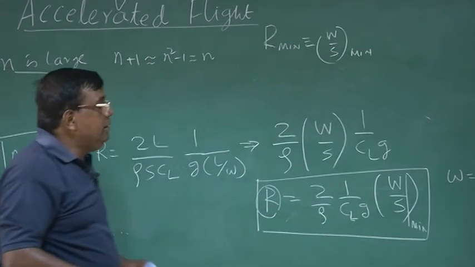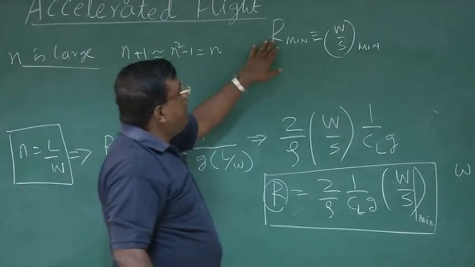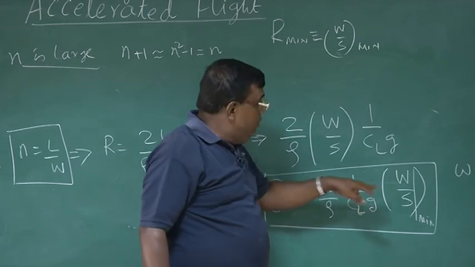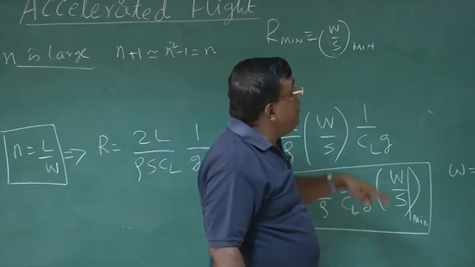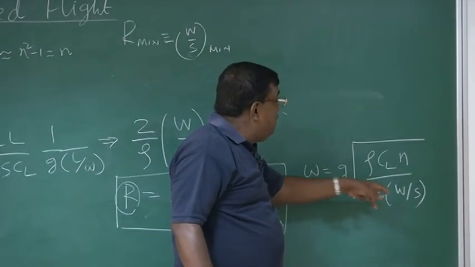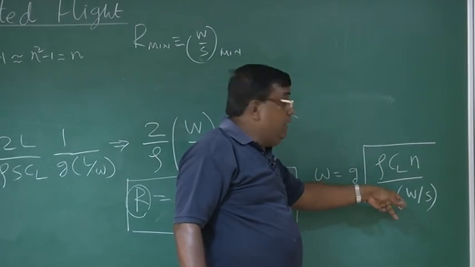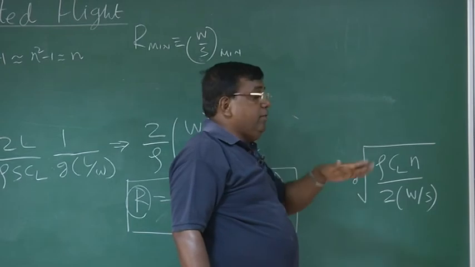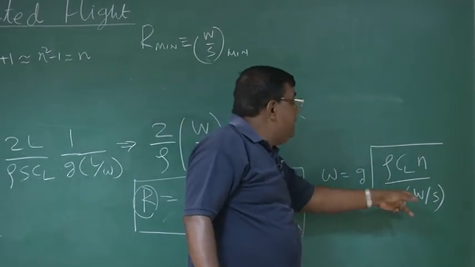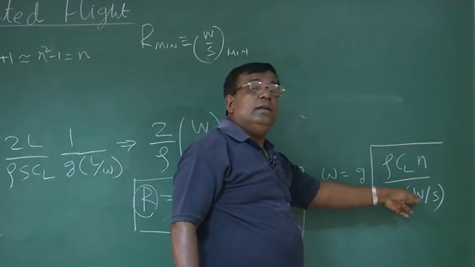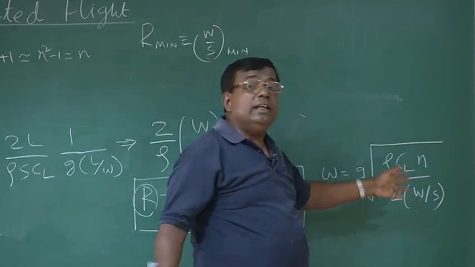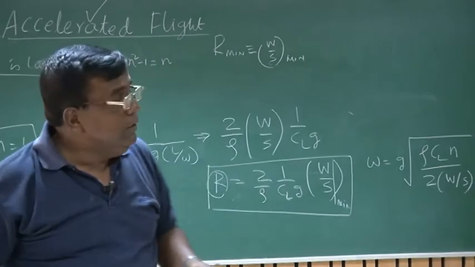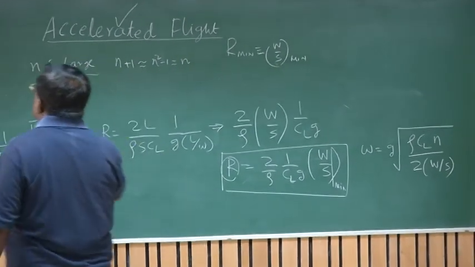Or it also tells us that if I want a particular R, what should be W by S? Or if you want a particular angular rate, what will be W by S? Please also realize here, if I want a larger angular rate, very fast turning, again it says the wing loading should be very, very low. That means larger wing area, more lift, and it is very consistent.